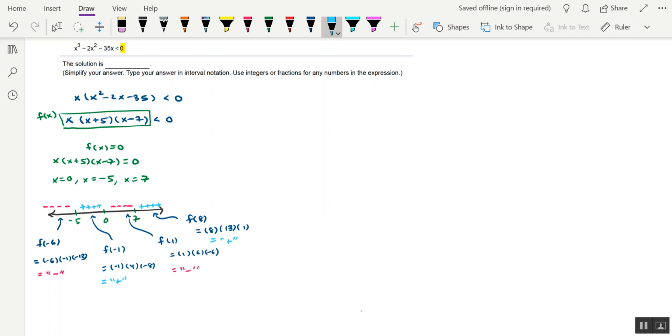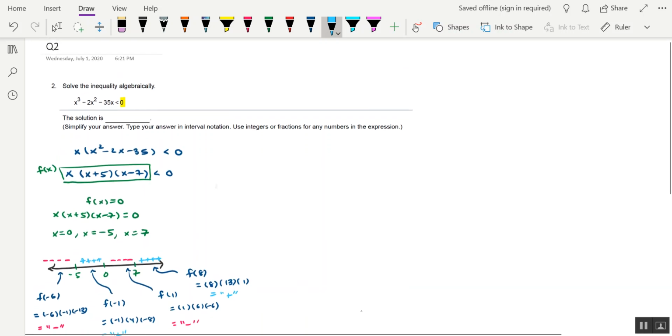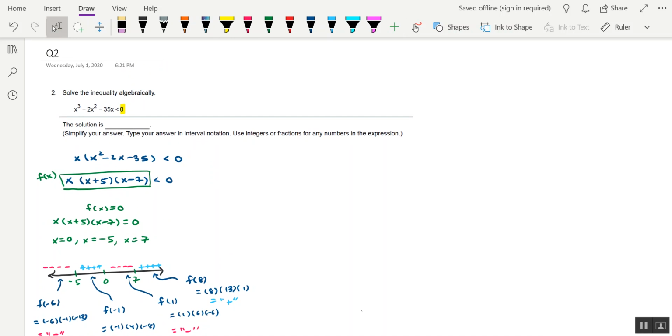Alright, so which values of x do we want? Do we want the values of x that make the function positive, or those that make it negative? If you go back up to the original inequality, where we have 0 on the right hand side, paired together with the inequality symbol, the original problem is saying it wants this polynomial to be less than 0.